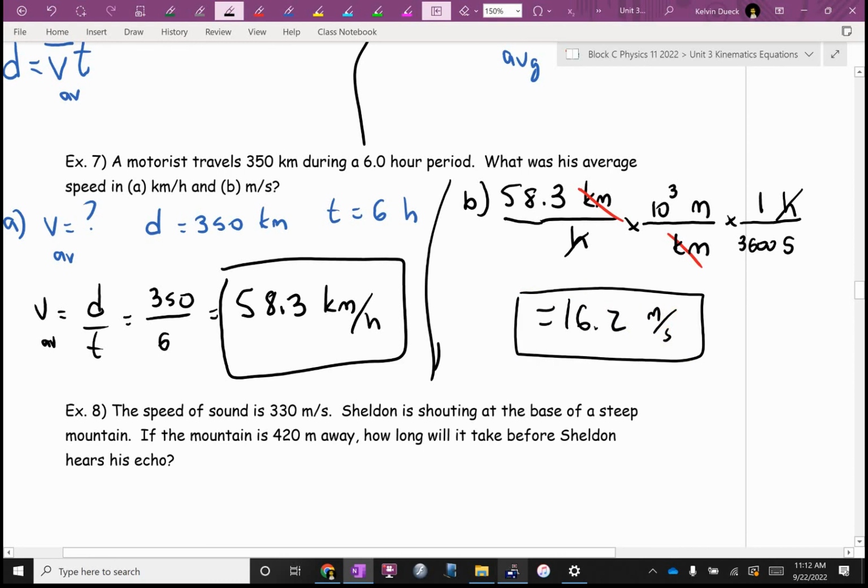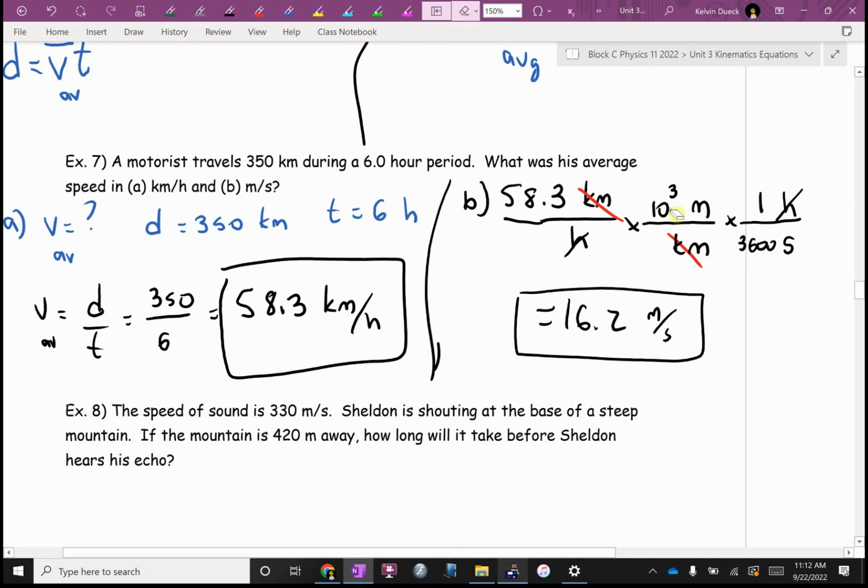To go from kilometers per hour to meters per second, we're going to do that one fairly often because the preferred physics units for speed is meters per second. But with cars, I want to try and give you questions that are legitimate. So by far, the biggest unit conversion we'll do is kilometers per hour to meters per second, or meters per second to kilometers per hour.